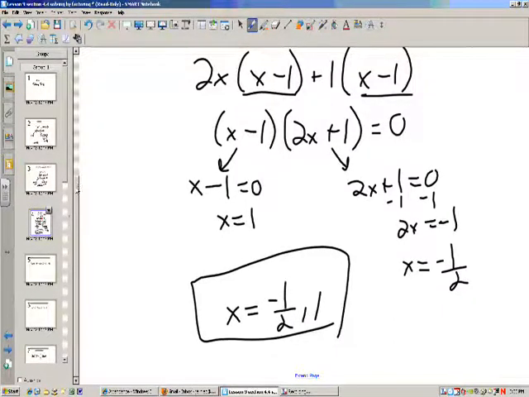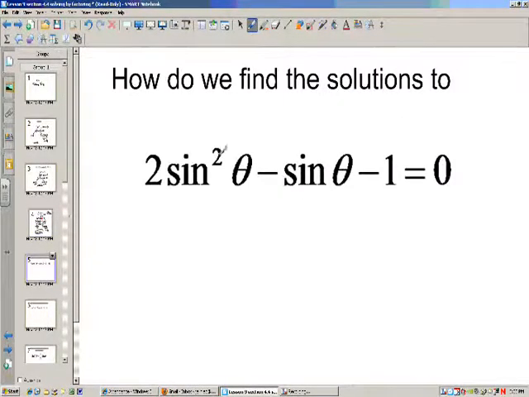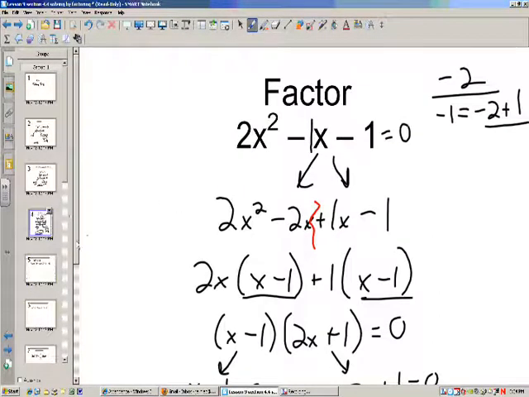All right, so we've already seen the previous problem. It looks a lot like this: 2 sine squared theta minus sine theta minus 1. We do the same thing that we would do if we had 2x squared minus x minus 1. So if it helps you, convert your sines to x's and do your factoring.